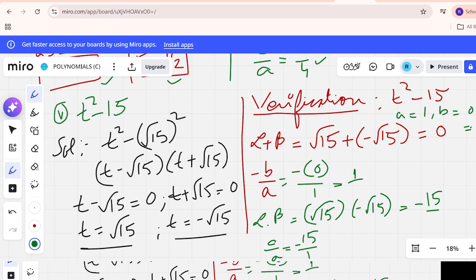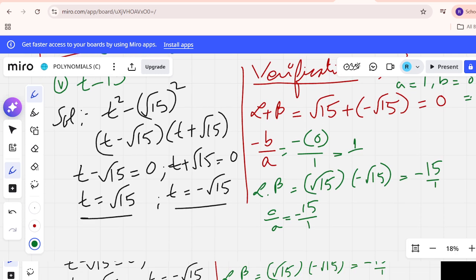When we do not have a denominator, we take the denominator as 1. So alpha times beta is negative 15 over 1, and c over a is also negative 15 over 1. Hence we have verified the relationship between the zeros.